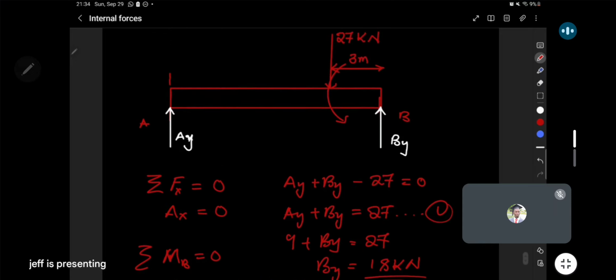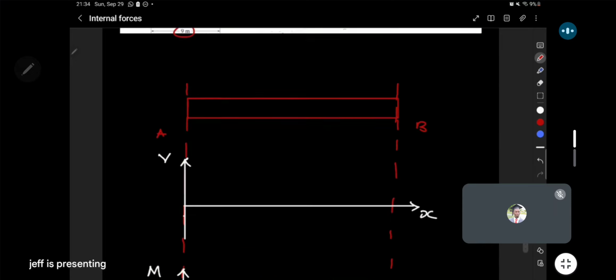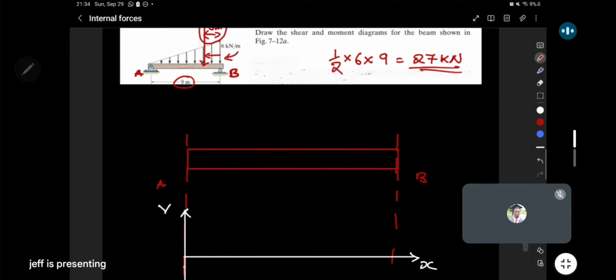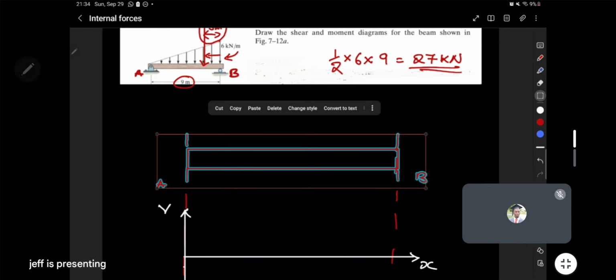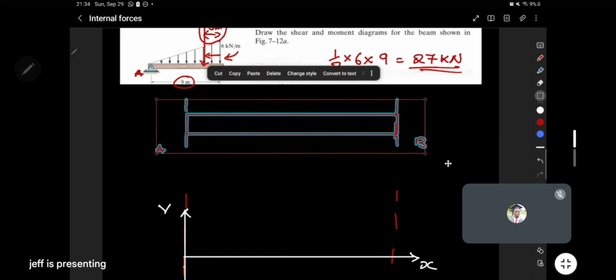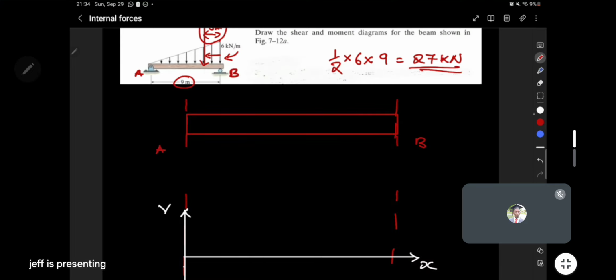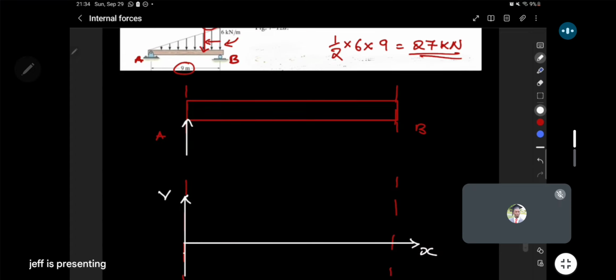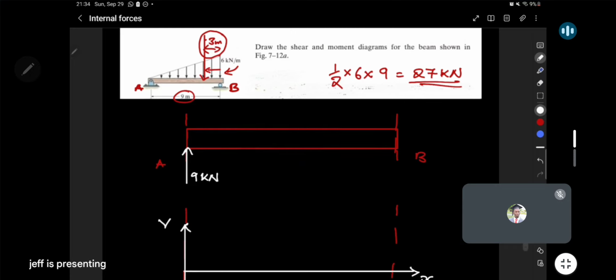Now that we have what is happening at the supports, let's include them. At A, we saw that we had a 9 kilonewton force here. At B, we saw we had 18 kilonewtons.